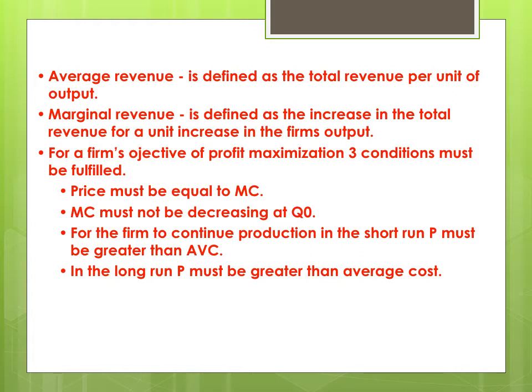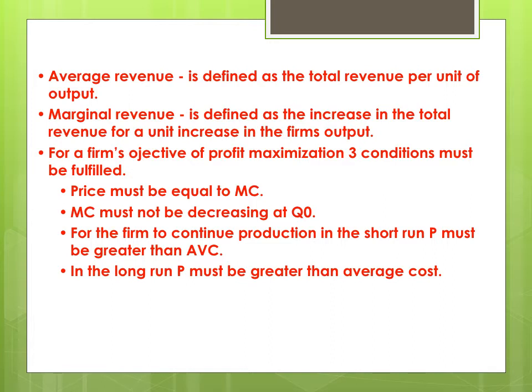Now, a firm's objective of profit maximization can be fulfilled only under three conditions, and these are as follows. The price, denoted as P, must be equal to the marginal cost or MC.